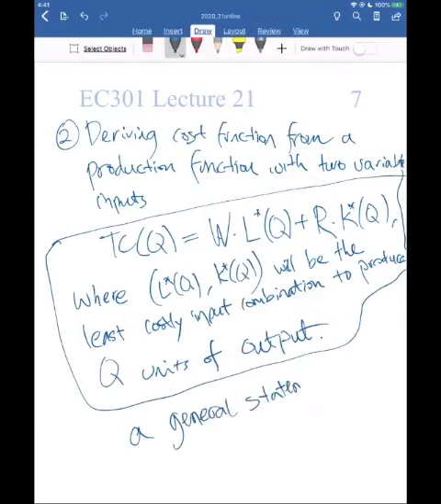So think about what a firm wants: the least money I need to pay to produce Q units. They have to find how to use their input resources efficiently and at least cost. Now we'll look at different cases of how this is solved. But in general, this L star and K star have to be the least costly input combination.